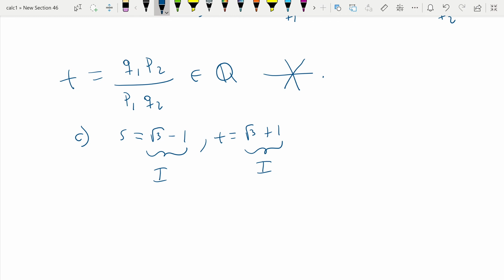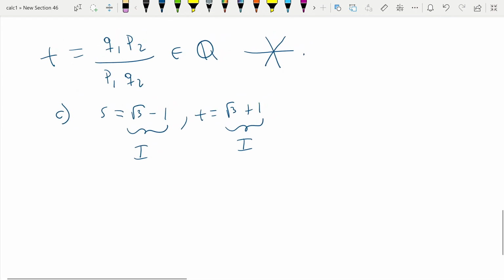Well, when you do that, you obtain an irrational number. So S and T are both irrational numbers because you're adding an irrational number to a rational number, however you want to look at it. That's part B of this very same question.